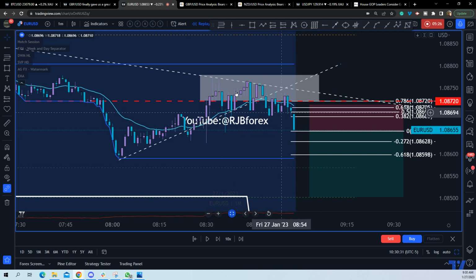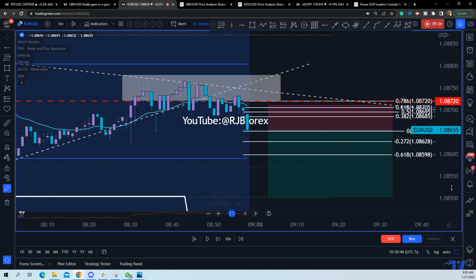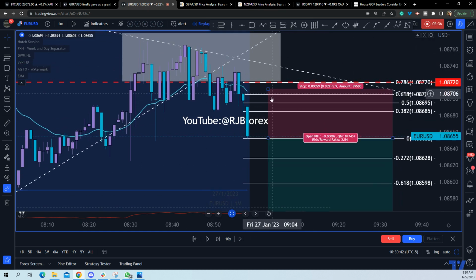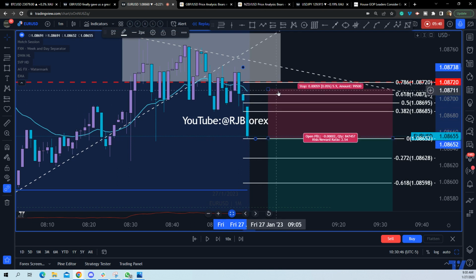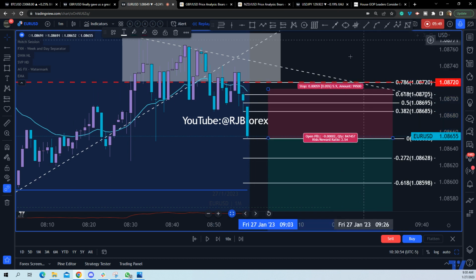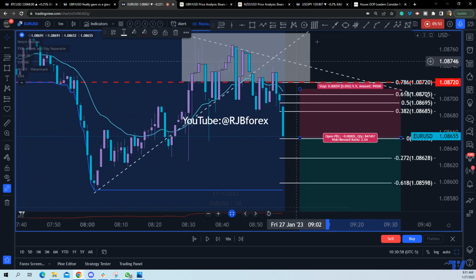We're below structure. We've come up multiple times to test these highs. We're below the 20. And if we were to draw the Fibbo on this impulse to get our stop into a nice position, so we've got this confluence of the 20 and the 61.8 and the level below 70, stop above 70 rather.